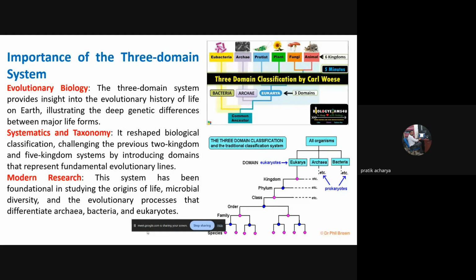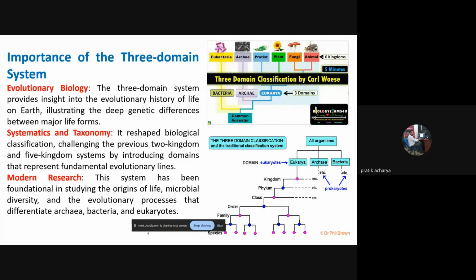Then the importance of the three domain system. What is the importance of this three domain system? The three domain system provides insight into the evolutionary history of life on Earth. What was the condition? How did life originate? What is the ancestor?